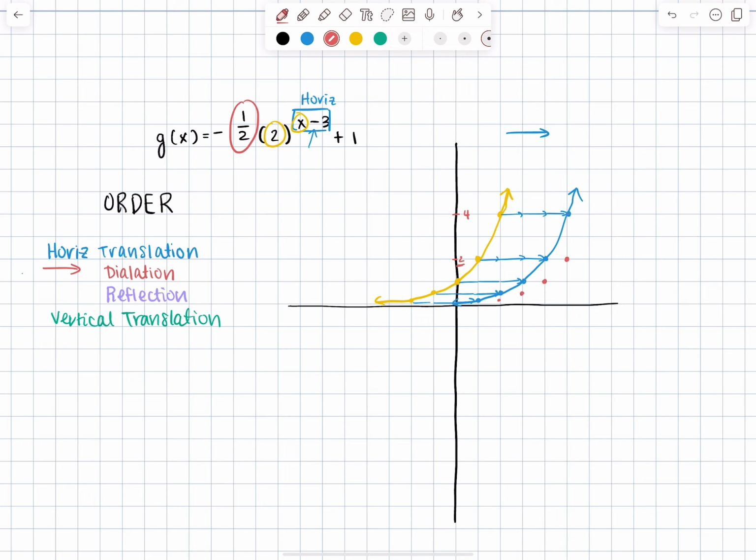And this goes down 1 over 8. Perfect. So it's going to look like this. And then you're just going to connect the dots.